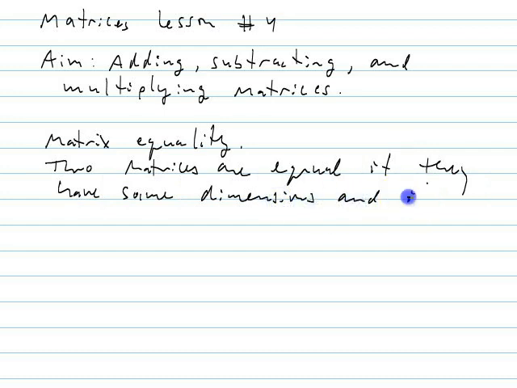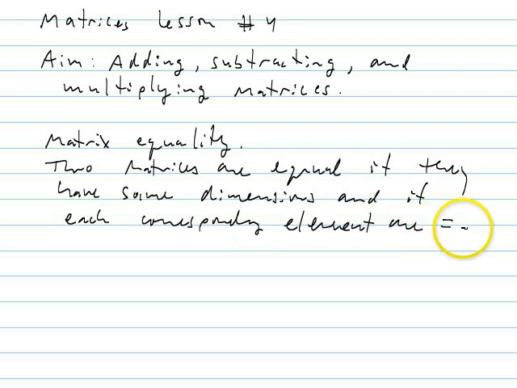And if each corresponding element, which is what we call the numbers in a matrix, are equal. So if you have a matrix like 1, 2, 3, 4, the only matrix that it's equal to is 1, 2, 3, 4. There's no other matrix that's equal to the 2 by 2 matrix with those 4 elements. So there are some questions they could ask you.